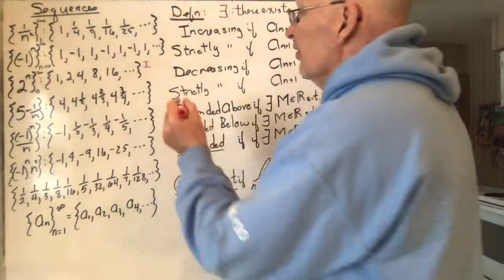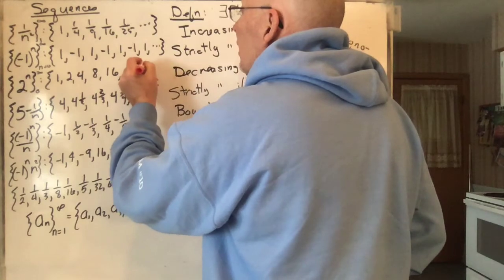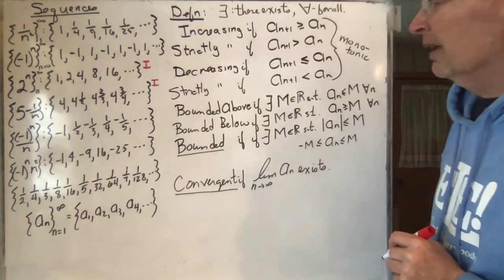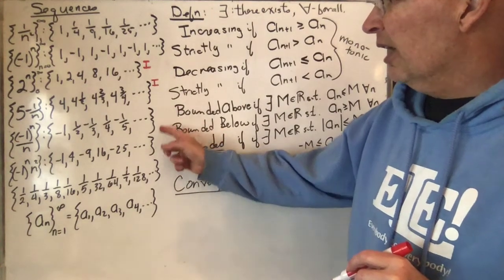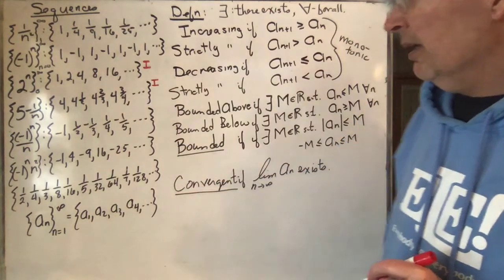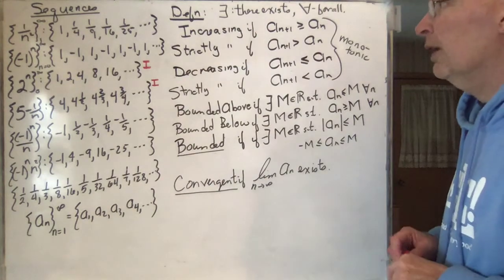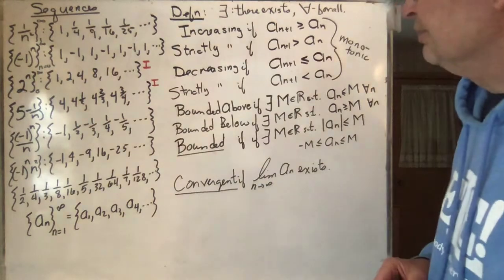This one is increasing. This is where I really wish you were all here in my kitchen with me, because this is where a lot of feedback is important. This one's not, this one's not, this one's not. Okay, so those two are increasing. And in fact they are strictly increasing as well.